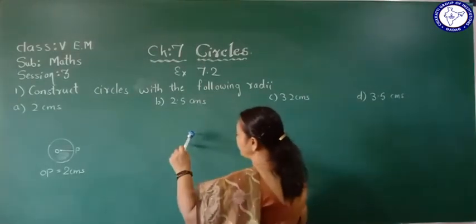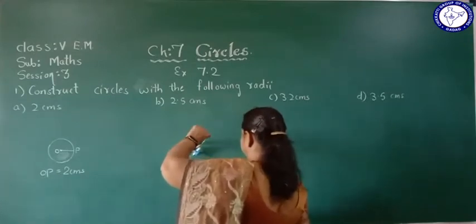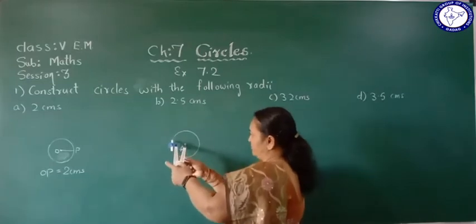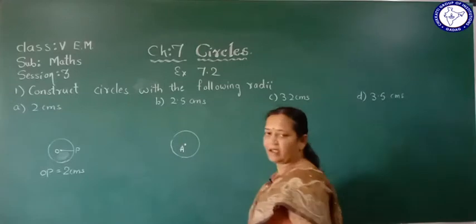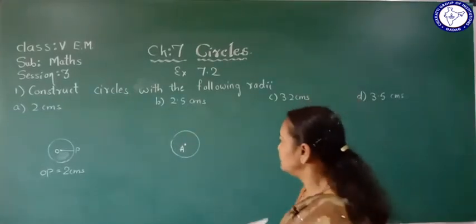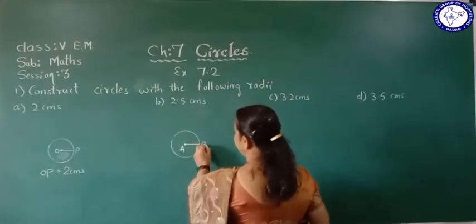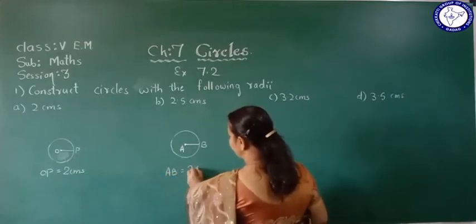Then keep on A and draw the circle. Then mark the radius, mark it B. Here AB is equal to 2.5 centimeters.